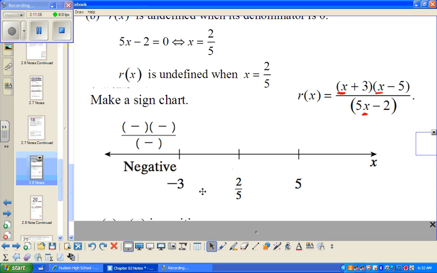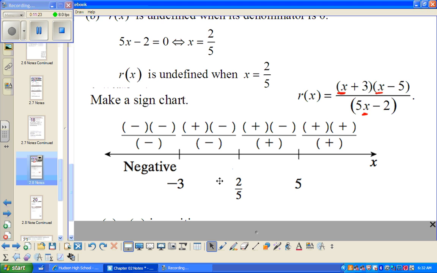Do it again for these, between negative 3 and 2/5. Well, 0 is between there, so go ahead and make your sign chart up. Your teacher can pause at this point and let you fill out this chart. This is what your sign chart should have looked like if your substitute paused.